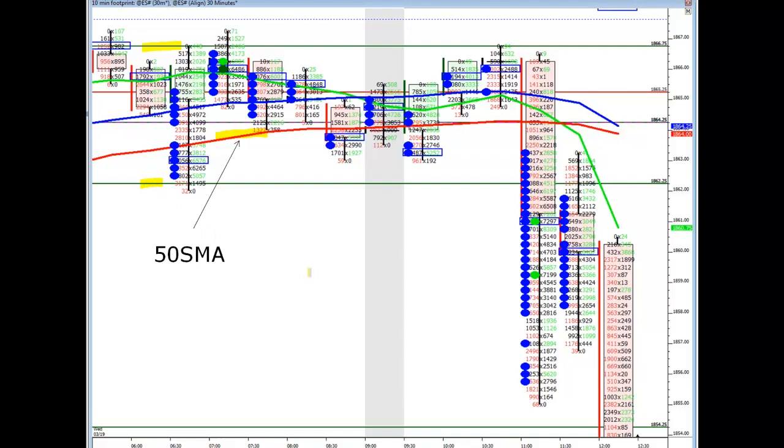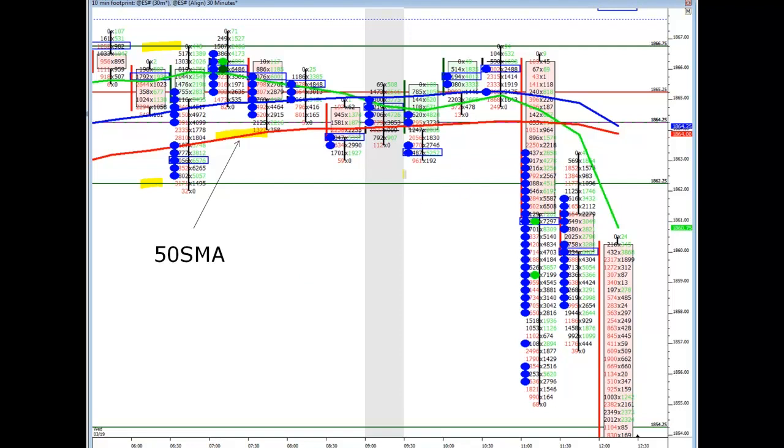So in terms of tools, on my 30-minute chart, I have also applied a 1020 profile so that I can take a look at how my candlesticks, or how the periods, behave relative to the parameters of the 1020 profile.